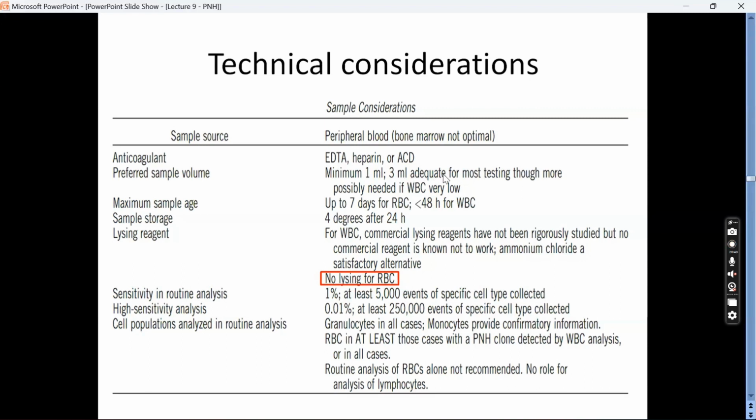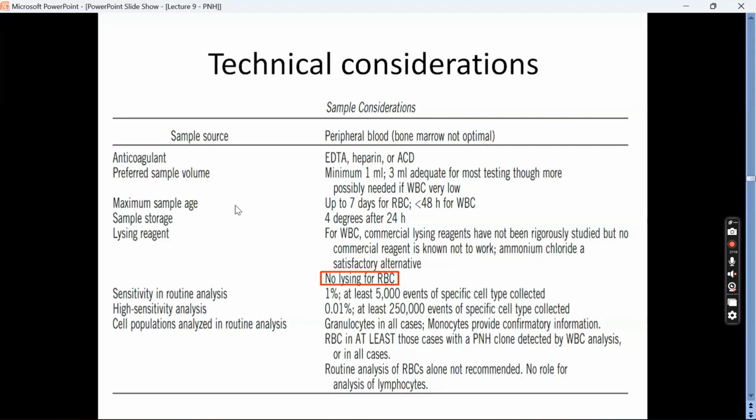In cases like aplastic anemia or hypocellular MDS, PNH testing is also done, and when the patient has pancytopenia you need a larger volume of blood because it's a hypocellular sample. When you lyse, you need at least some WBCs. If the cell count is good, then 2 ml is sufficient for the assay.